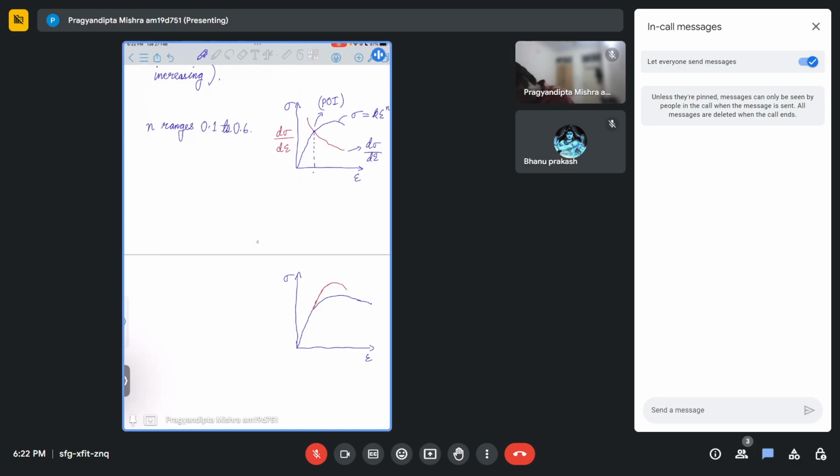Okay, let me just point it out. Higher value of n and lower n. Okay, so essentially what is happening is, if your n value is low, then the work hardening rate is initially very high.